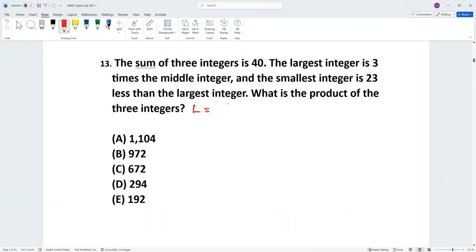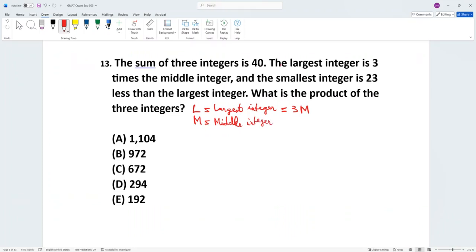L is actually equal to the largest integer, which is equal to 3 times m. Here m, we're going to call it the middle integer.